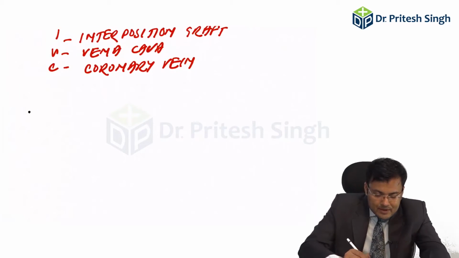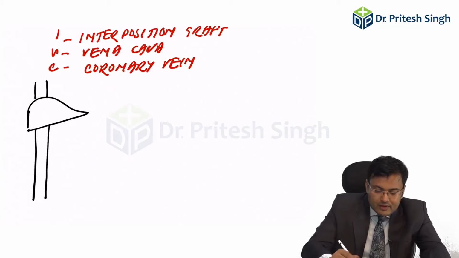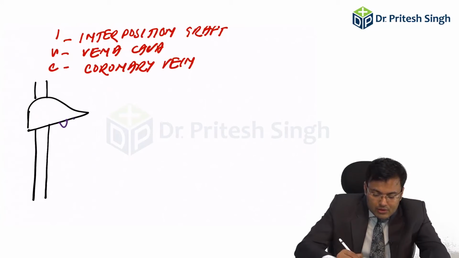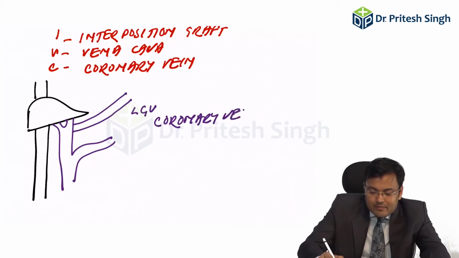Very simple. This is liver. This is inferior vena cava. This one is portal vein. And you must be knowing there is one tributary of portal vein on left side known as left gastric vein. What is the other name of left gastric vein? It's also known as coronary vein.